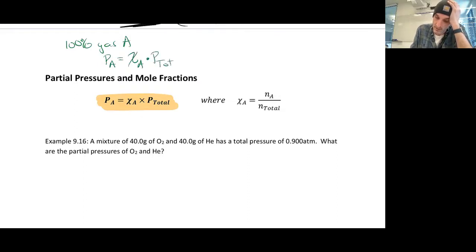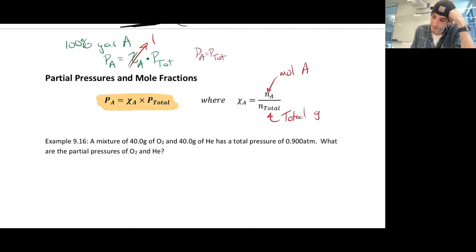Well, when this is true, the mole fraction is equal to 1, and therefore pressure of A equals the total pressure, right? So that is how Raoult's law works. If I have 50% A and 50% B, now that mole fraction is going to drop by half, and I actually have to do a calculation at that point. So again, mole fraction is equal to the moles of A over the total moles present.